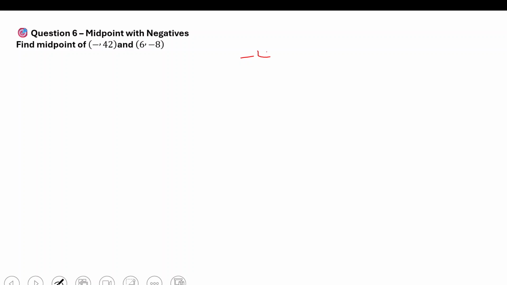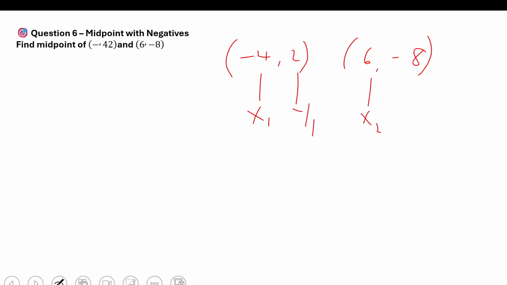So this is minus 4 and 2, and there I have 6 and minus 8. So this minus 4 is x1, and 2 here is y1. This 6 is x2, and minus 8 here is y2.